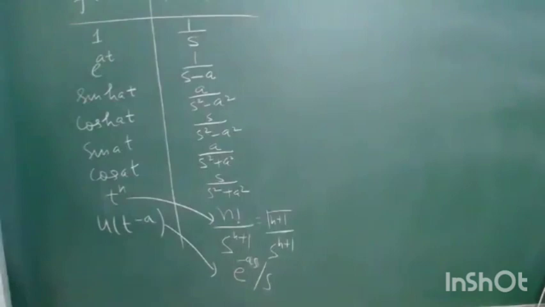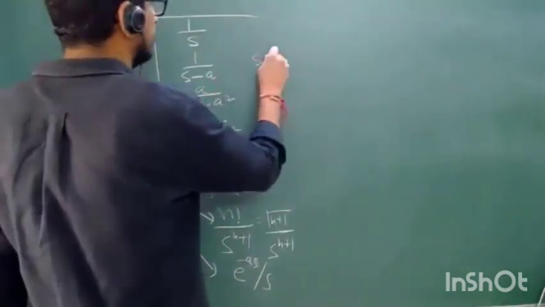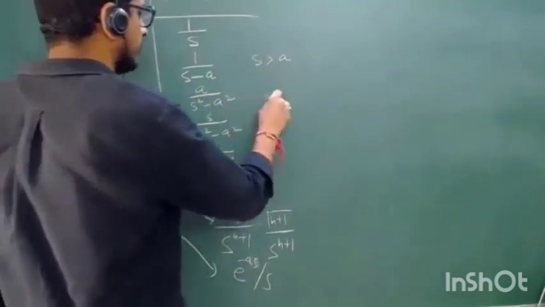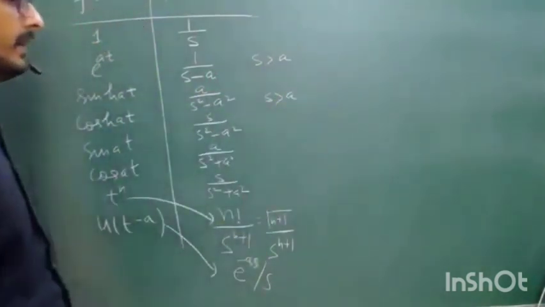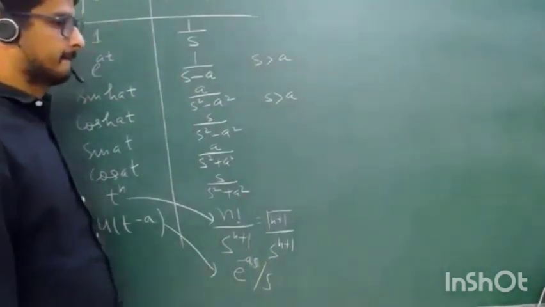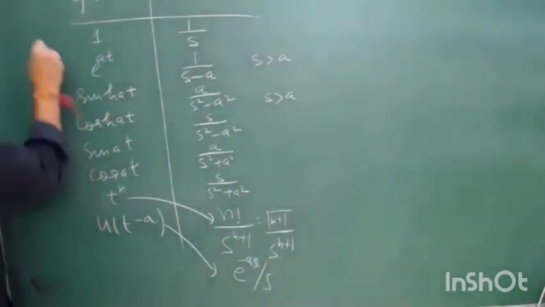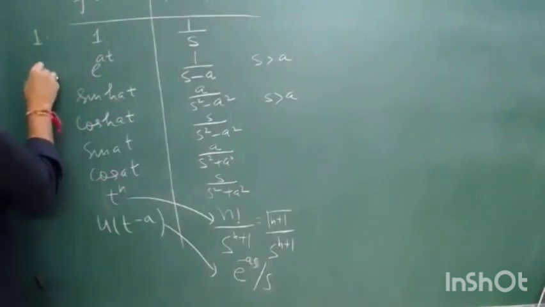In this case, s is greater than a. So wherever it is in the denominator, it is s greater than a. Note down this first of all. That is the first step of Laplace transformation.